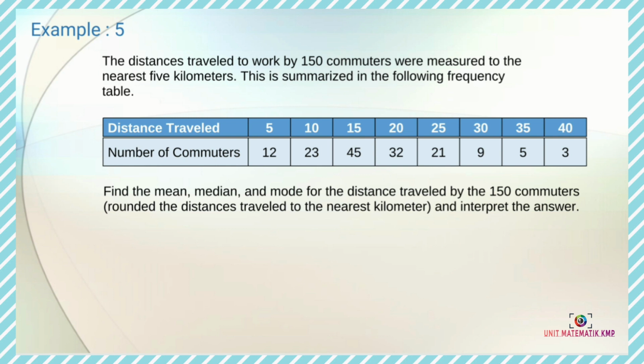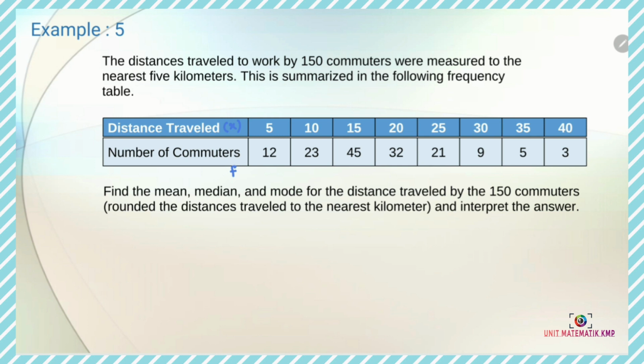Here is example 5. The distance travelled to work by 150 commuters were measured to the nearest 5 kilometers. This is summarized in the following frequency table. The distance travelled here is x and number of commuters is frequency.